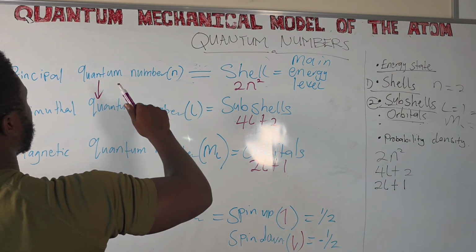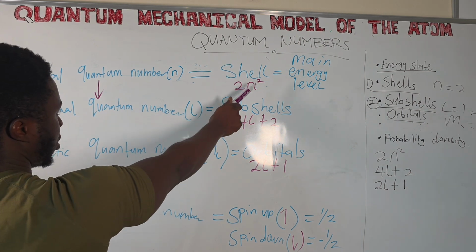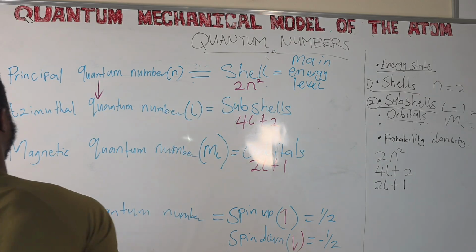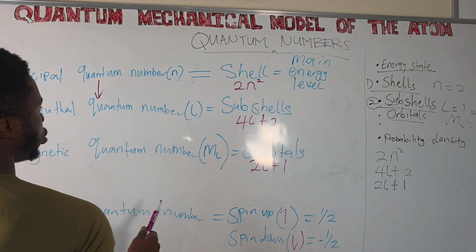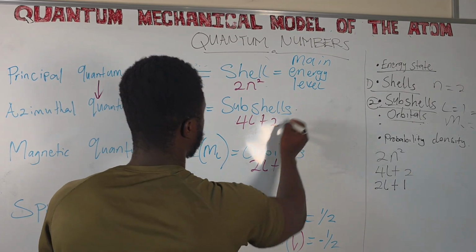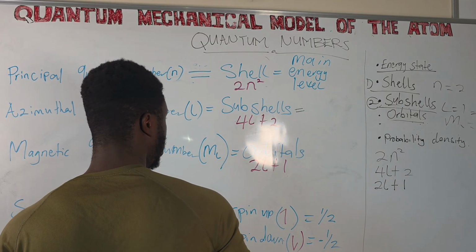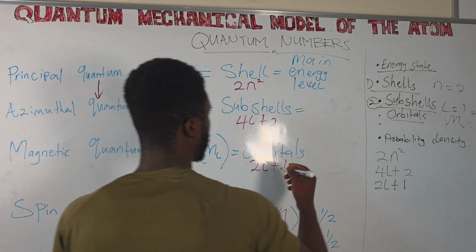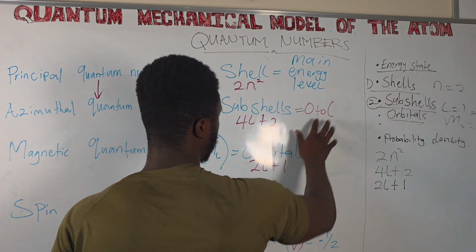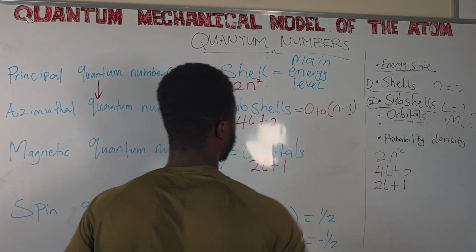For the principal quantum number, we said this is the shell. This is the maximum number it can hold, and it is the main energy level of the atom. The azimuthal quantum number depends on the subshells, and it takes anywhere from 0 to, in brackets, n minus 1.